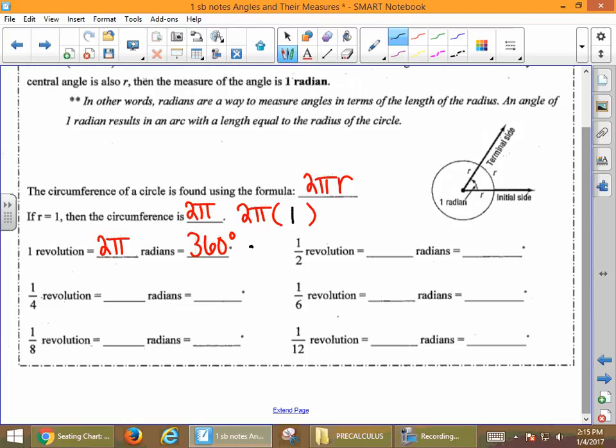Yep, it's 2 pi times a half. It's this value times a half. Well, 2 pi times 1/2 is pi radians. And so if 1 revolution is 360 degrees, how much is half of a revolution? 180.